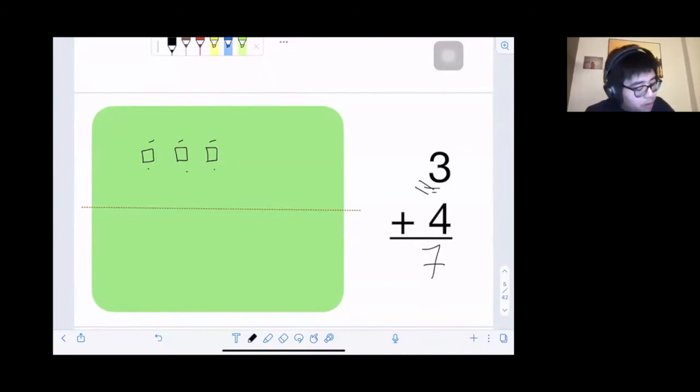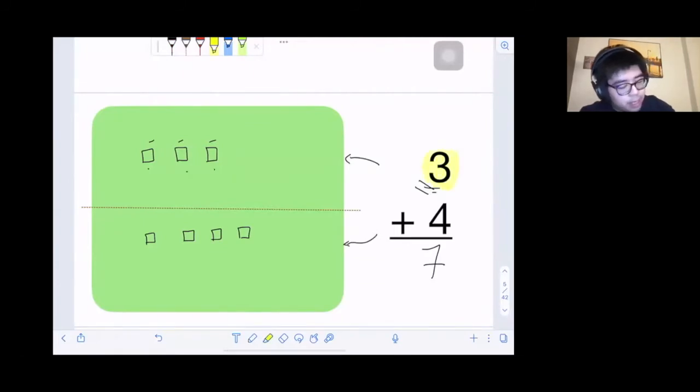And same with 4. Pag model natin ng 4, 4 na box. 1, 2, 3, 4. No? So nandyan na yung 3, nandyan na yung 4. So ito tapos na, no? 3 nakamodel na, 4 nakamodel na.